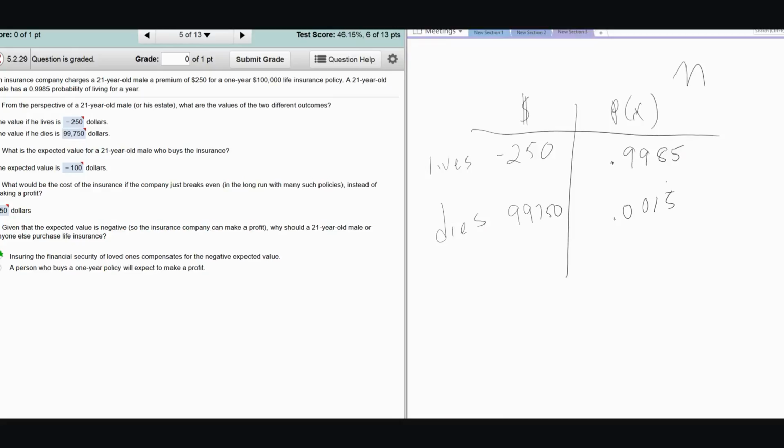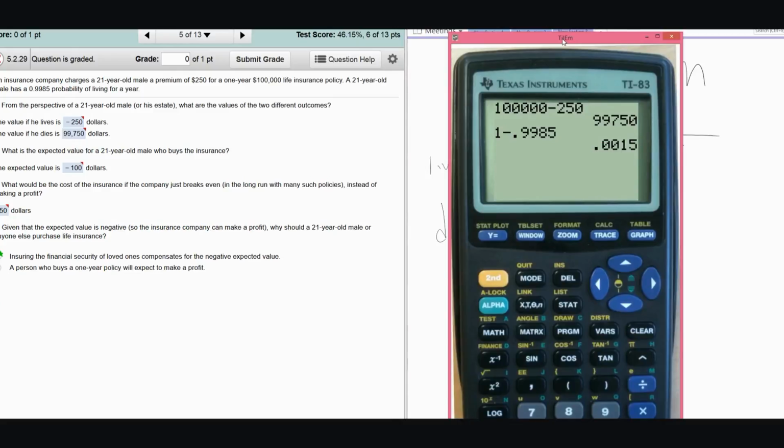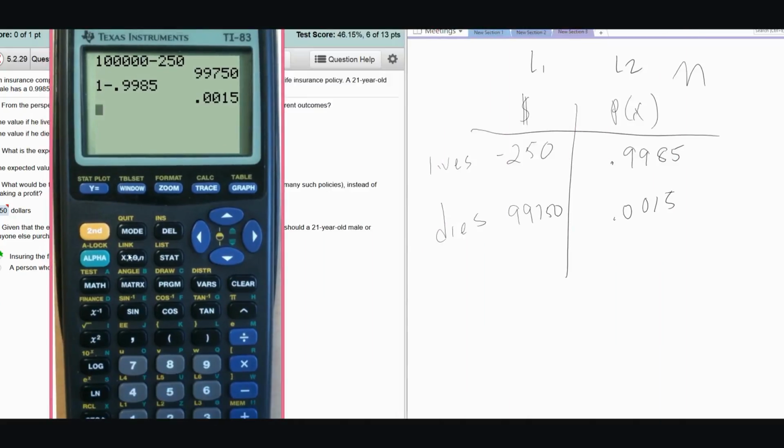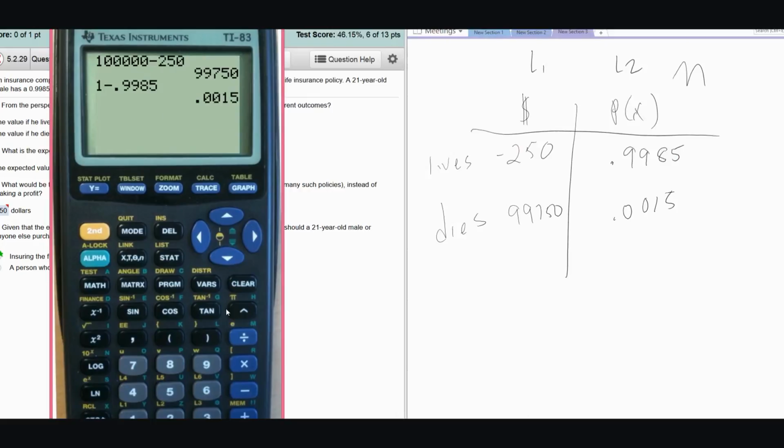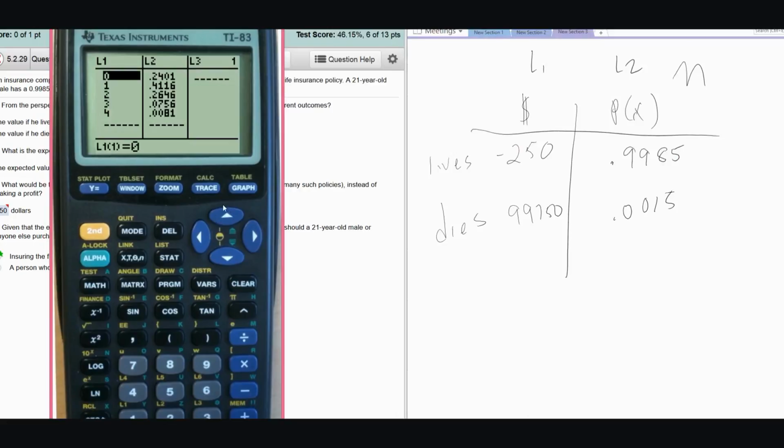So we need to put this in L1 and L2. Over here we're going to put negative 250.